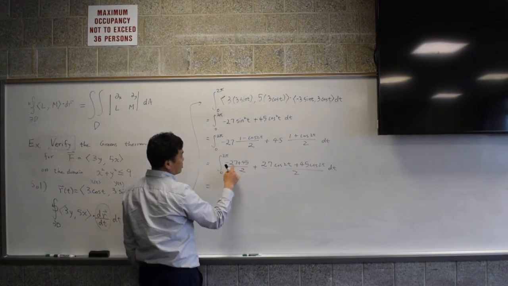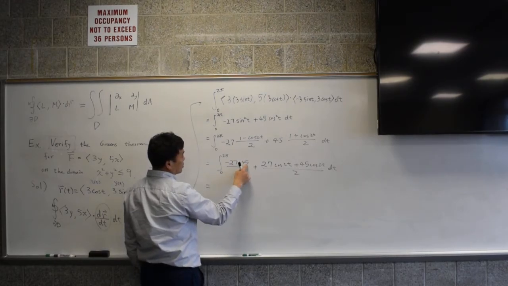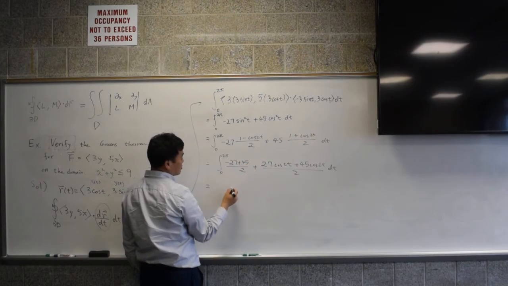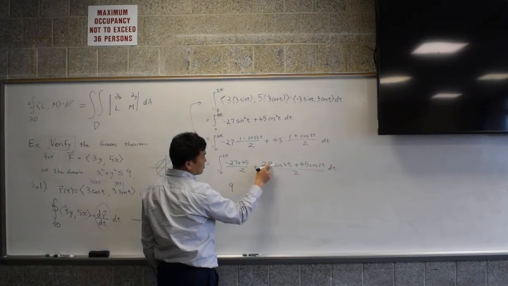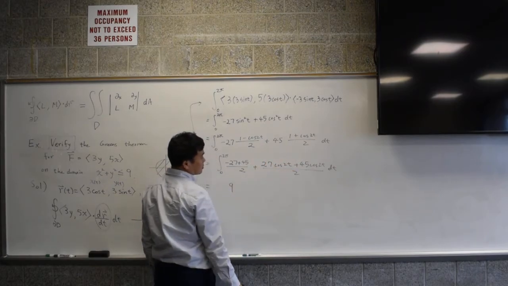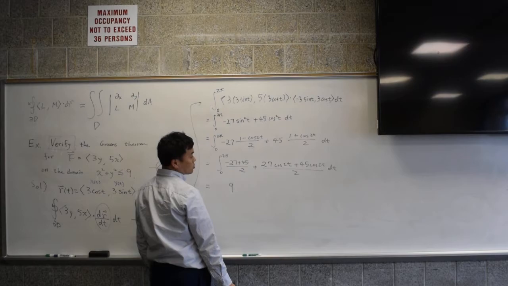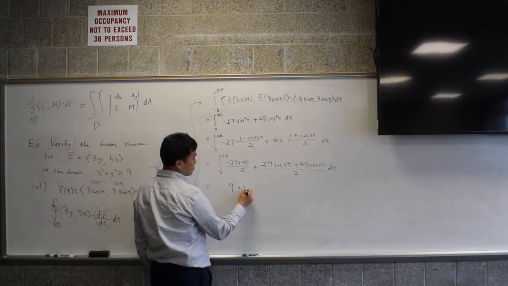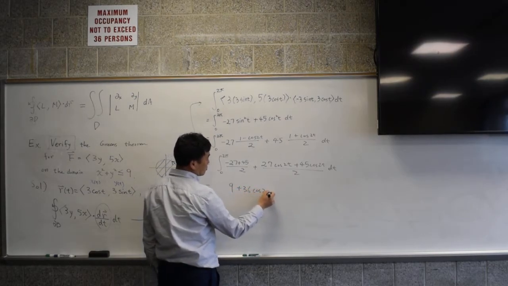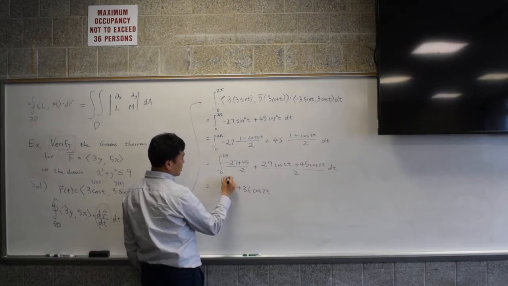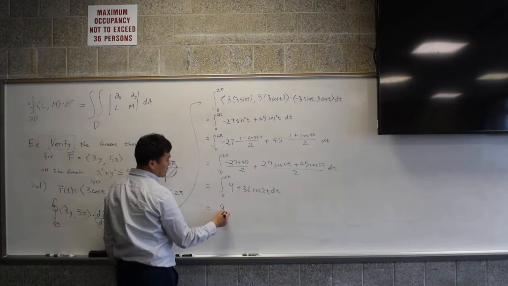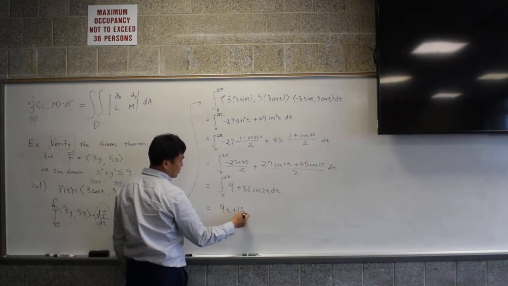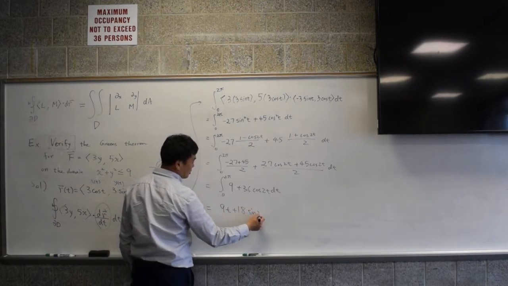Let's see, what's this? 18 divided by 2 is 9. And then 27 plus 45 is 72 over 2, that's 36. Cosine 2t, 0 to pi, t, which is 9t plus 18 sine 2t.